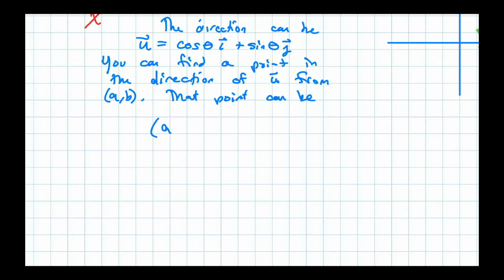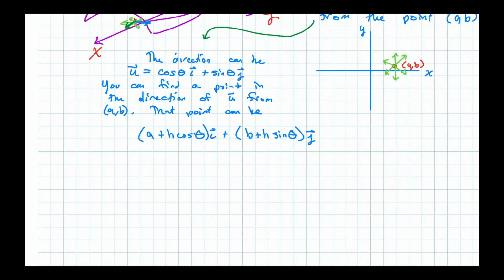You can start at a, and then from a, you add some amount in the direction cosine theta, the x component. And from b, the y component of this vector, you add some amount in the direction sine theta.